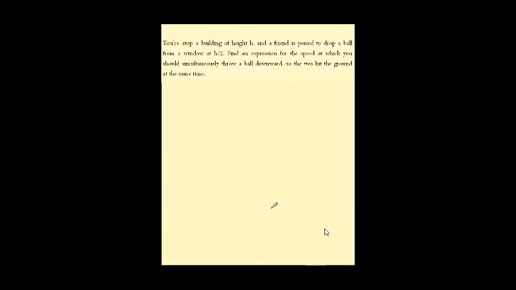You're atop a building of height h, and a friend is poised to drop a ball from a window at h/2. Find an expression for the speed at which you should simultaneously throw a ball downward so the two hit the ground at the same time. So you have a building which is h height, and you are here.